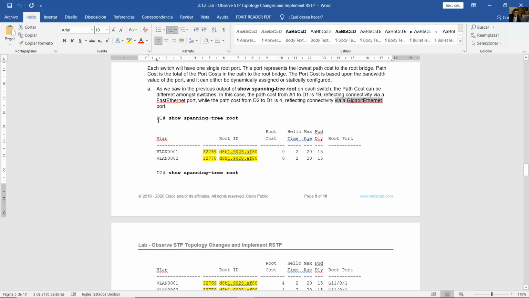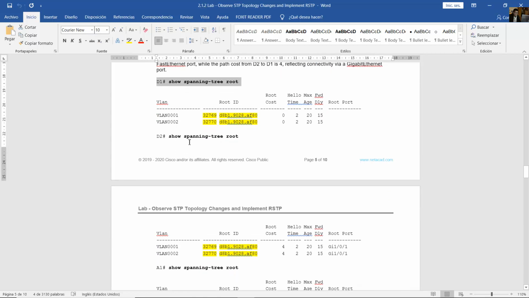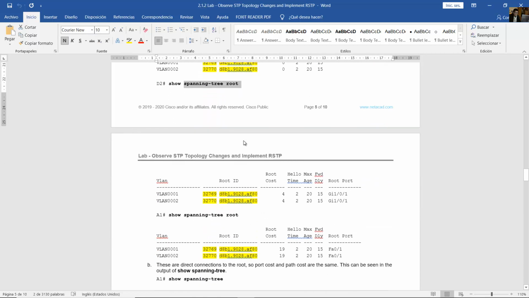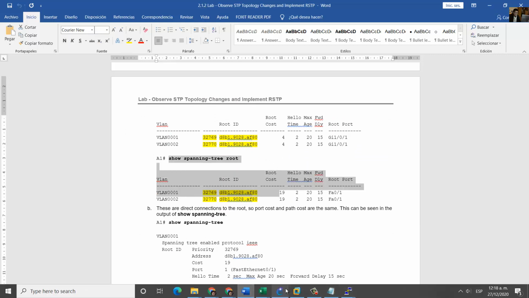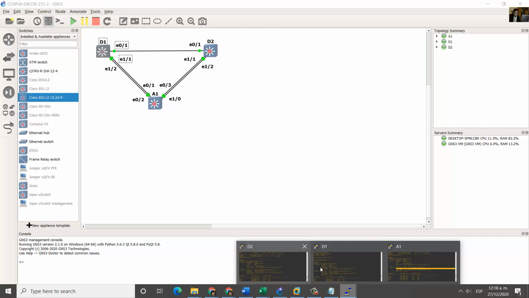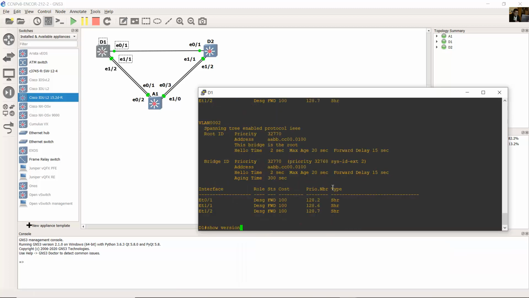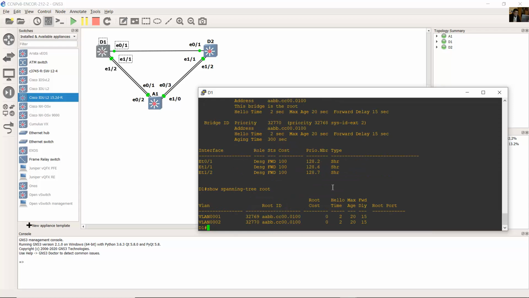But on D1, show spanning tree root. D1 is the root bridge, so that's why the cost is 0.